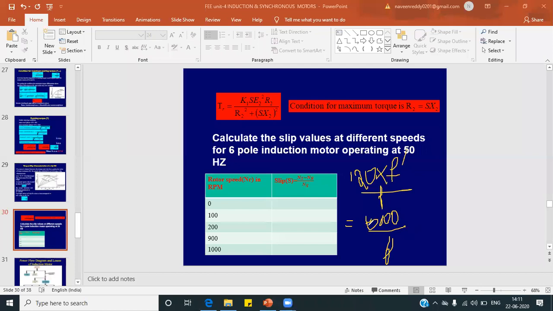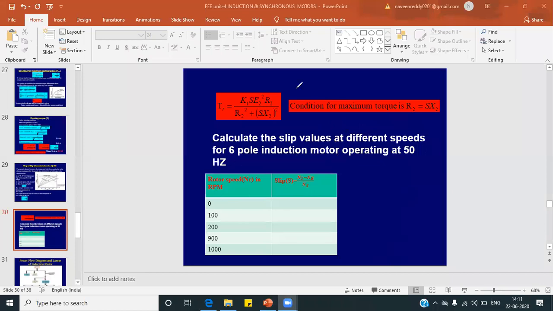If you cancel, you get Ns as 1000 RPM. I got some responses also: Ns is 1000 RPM. Good. So now you have Ns.